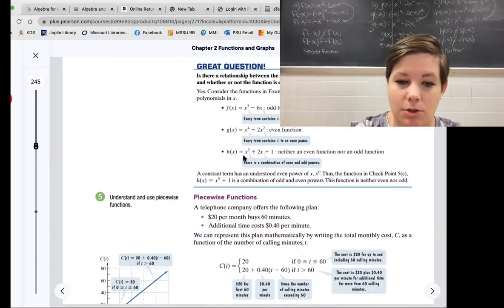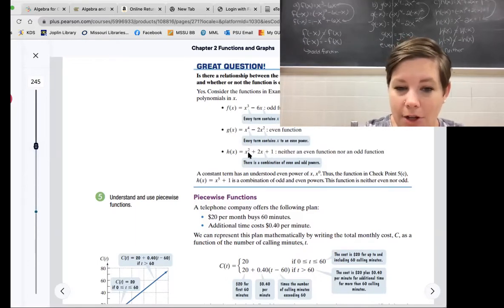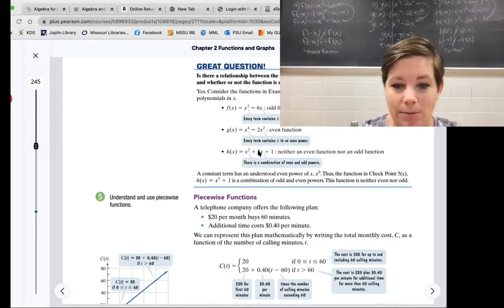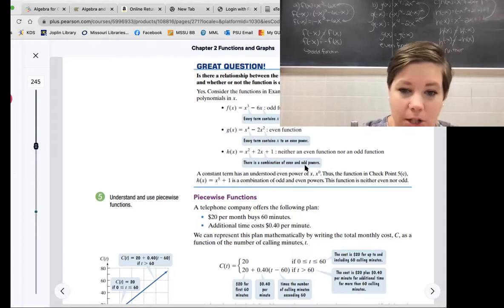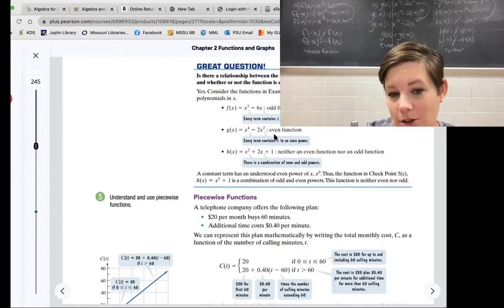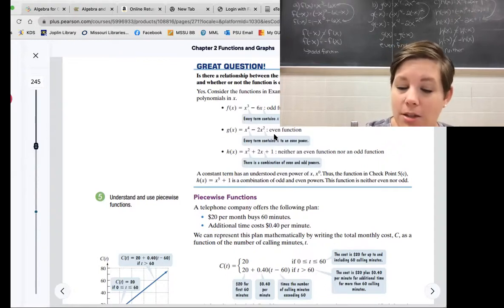If, like our last one, we had x squared plus 2x plus 1, so we had a variable with an even power and a variable with an odd power, that's how we got the neither. So just from looking at our general equations, we can determine if it's even, odd, or neither without doing the plugging in negative x math, as long as you're looking at the powers.